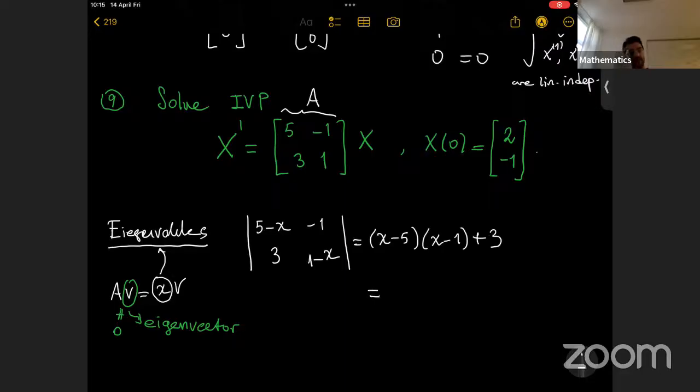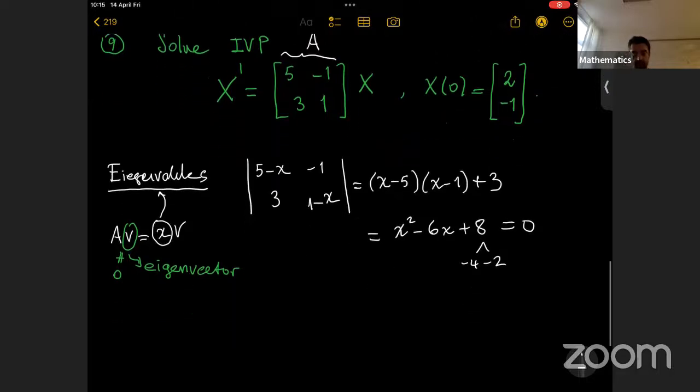And this is nothing but lambda squared minus 6 lambda plus 8 is equal to 0, minus 4 minus 2. So lambda is equal to 2 and 4. Lambda is equal to 2. Let's start with this. This is an eigenvalue, and we will find the eigenvector now.